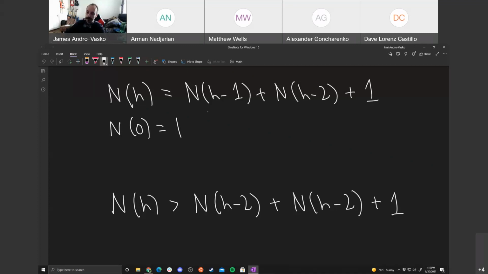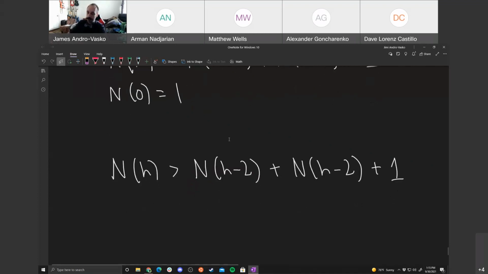This amount will be less than the total number of nodes in our tree because we're replacing this larger tree with a smaller tree. So this count will be less than n of h. But now we have it in a form that is very simple to solve. We can say n of h is greater than 2 times n of h minus 2 plus 1.